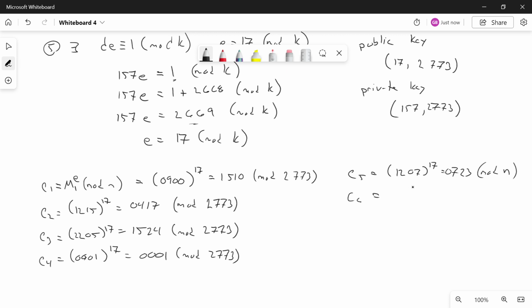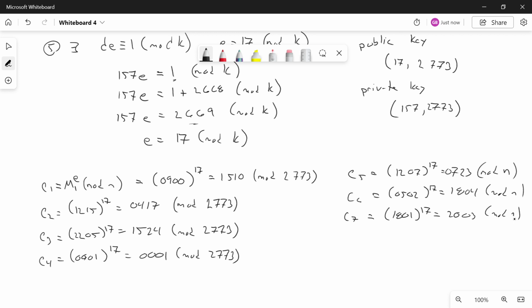So this is our EB. So 0502 to the 17 is 1,804 mod N. And last but not least, C7. This is our RA, which is 1801 to the power 17, which is 2003 mod N.